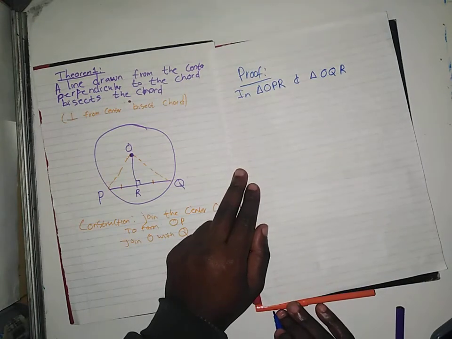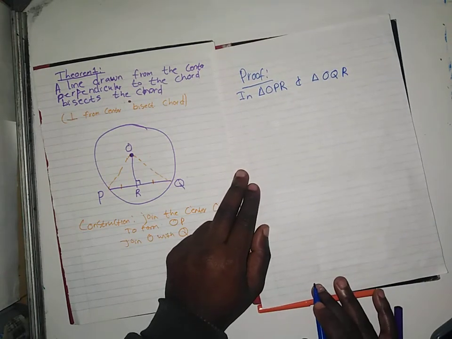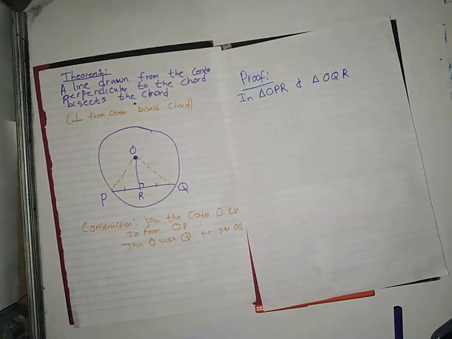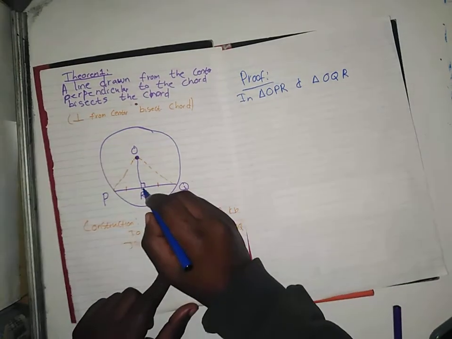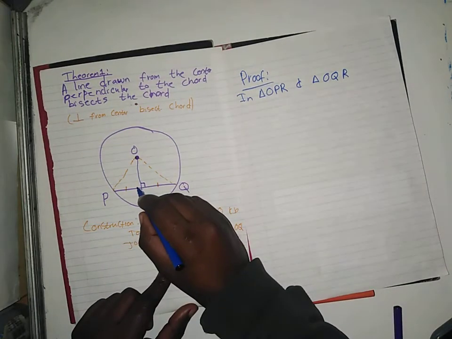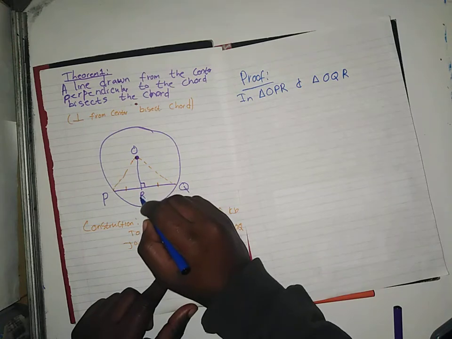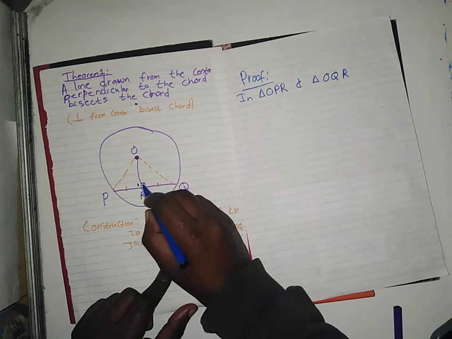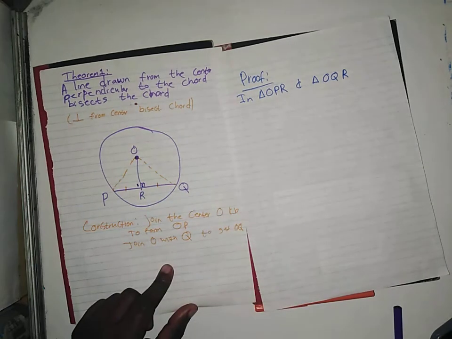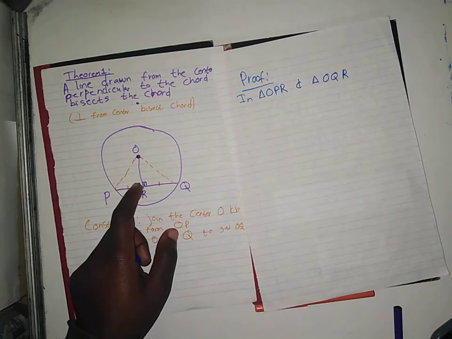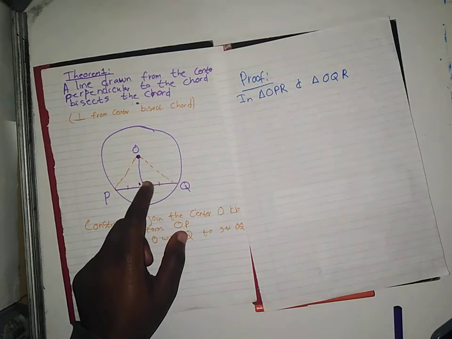So what is happening in triangle OQR? First of all, you must note that this angle is equal to this one. Because you've got R here, you must also have R1 and R2. Can you see that? You can't just say R, because R could be this, R could be this.